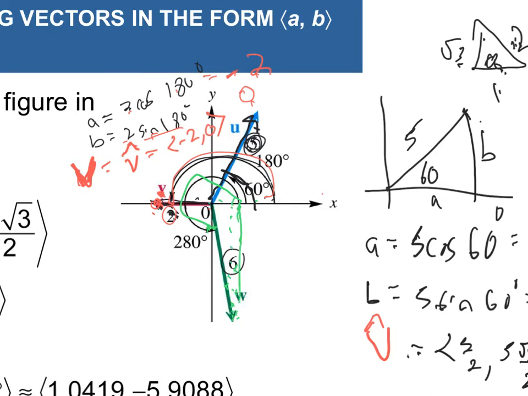It's going to be A, B. A will be, that magnitude is 6, cosine of a 280 degree angle. B is 6 sine of a 280 degree angle.